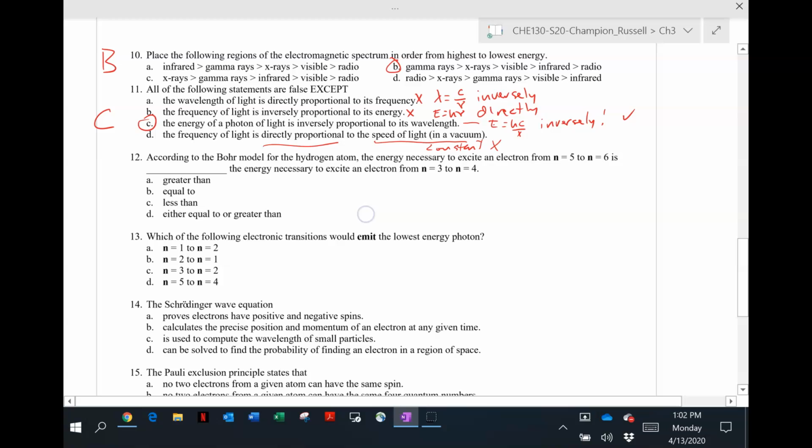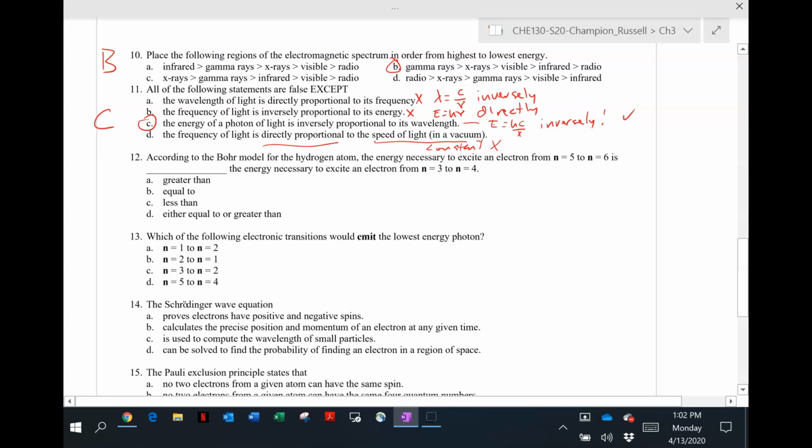Looking at number 12, we're talking about the Bohr model, and we're considering whether the energy necessary to excite an electron from 5 to 6 is greater than, less than, equal to, or either equal to or greater than the energy necessary to excite an electron from 3 to 4.